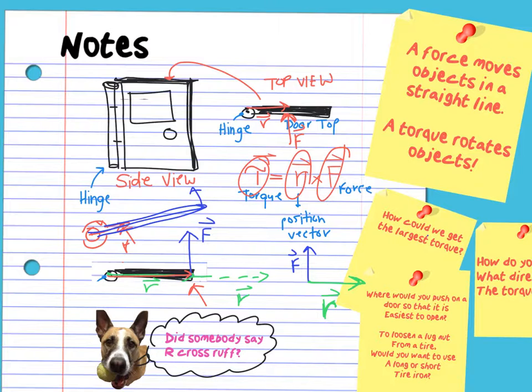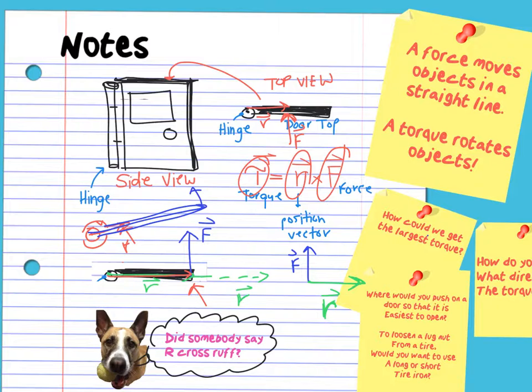If they're tightened really, really hard and you happen to be a small person, you can't use a lot of force, so the bigger the moment arm or the lever arm, the less force you have to use.